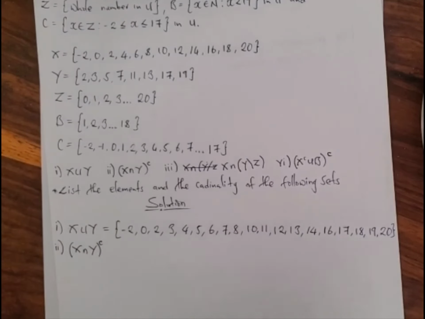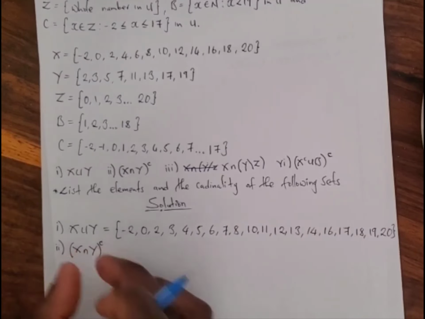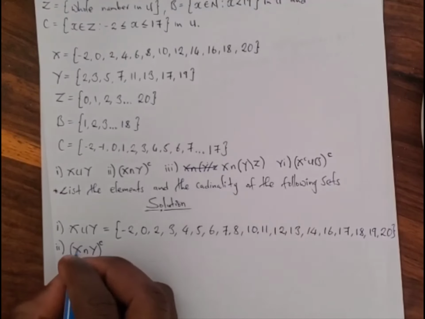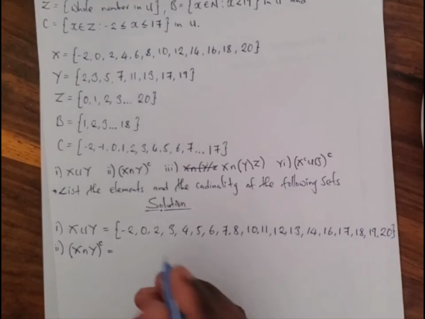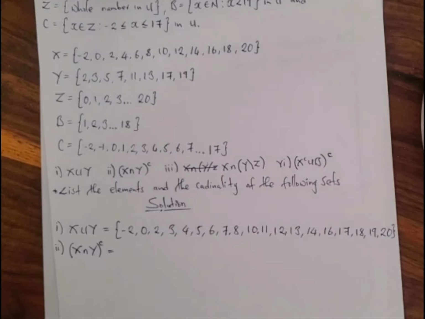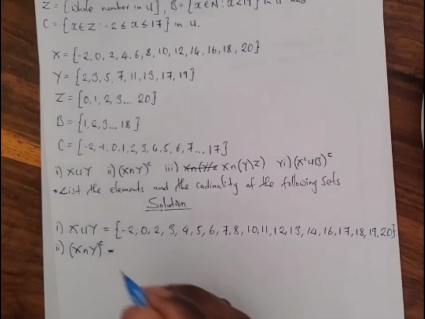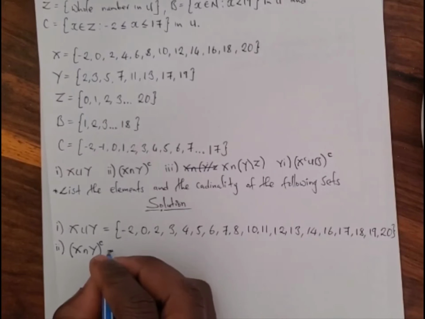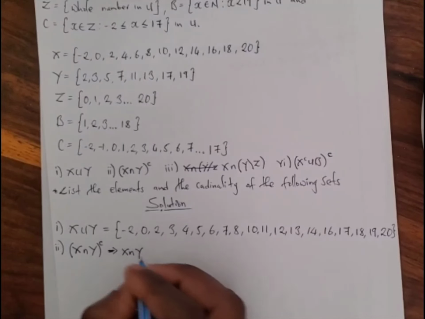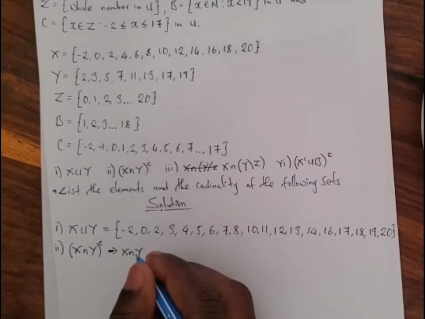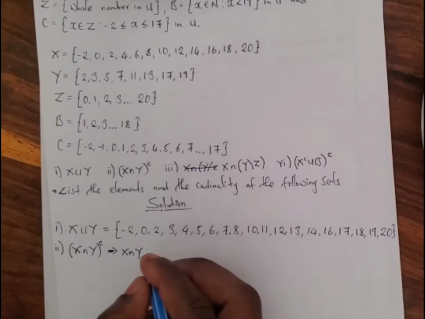So they want you to list the elements except for X intersection Y. First of all, you need to identify your X intersection Y. Intersection simply means what is common in both sets.